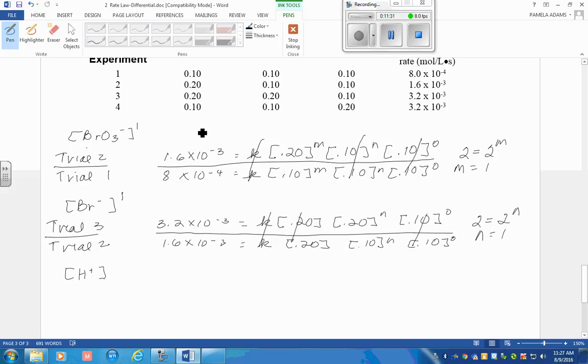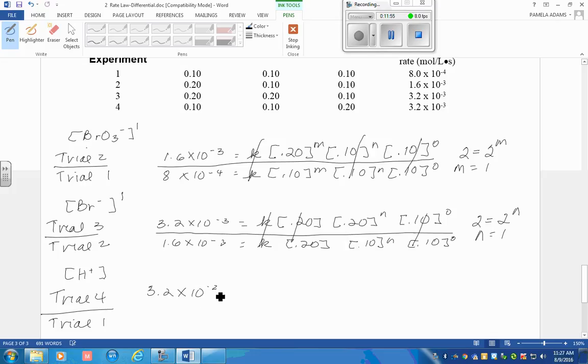I will look around and see that experiment 4 has the first 2 reactants staying the same while the hydrogen ion changes, as does experiment 1. So it will be trial 4 as compared to trial 1.